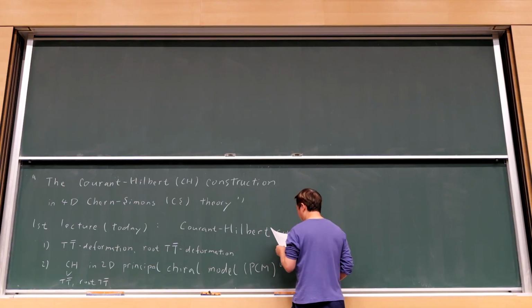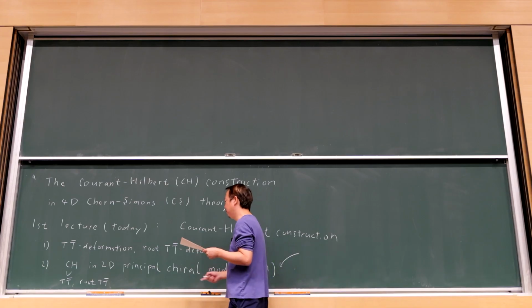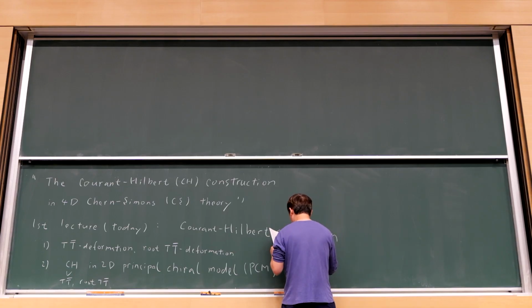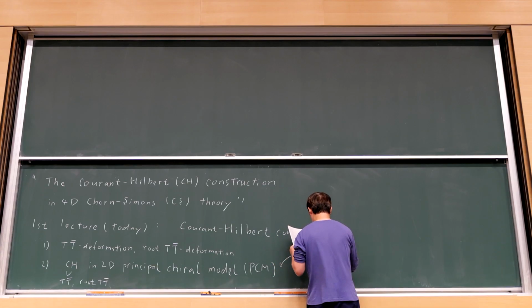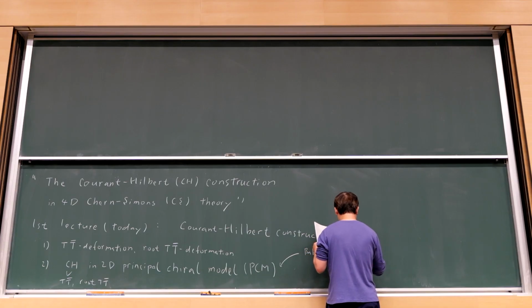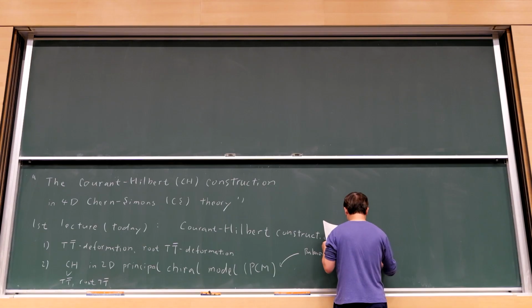This Courant-Hilbert construction in the two-dimensional principal chiral model was invented by Babaei, Bin Chen, and Song He's group, Babaei et al.